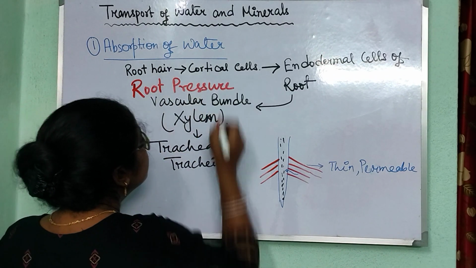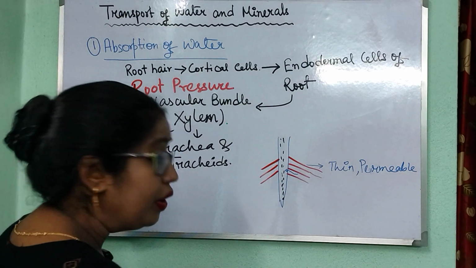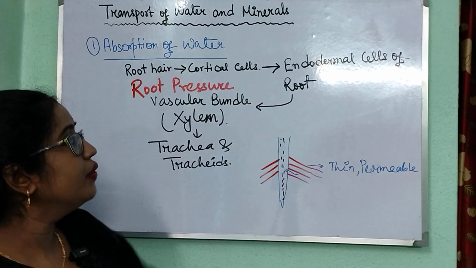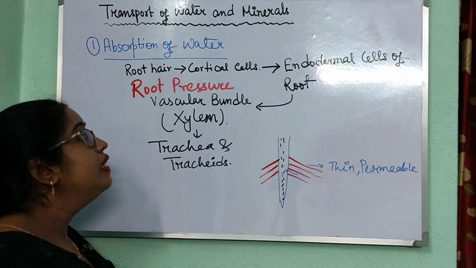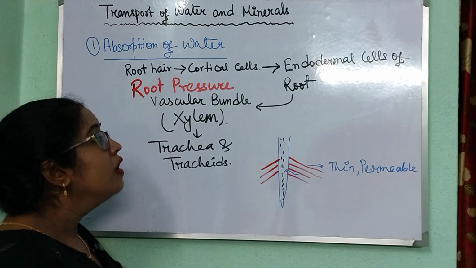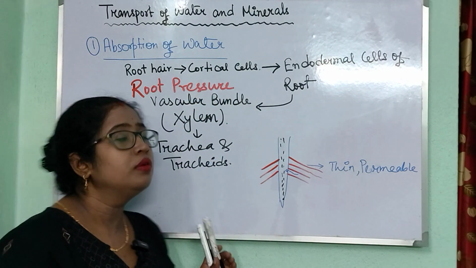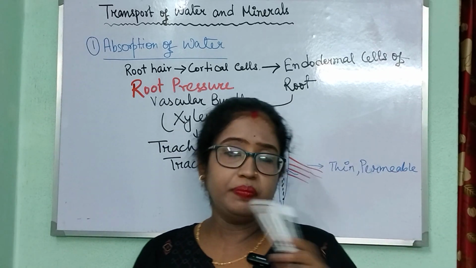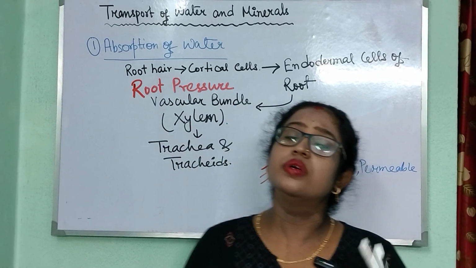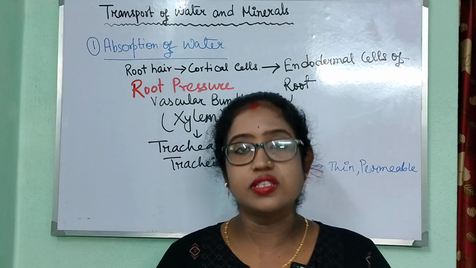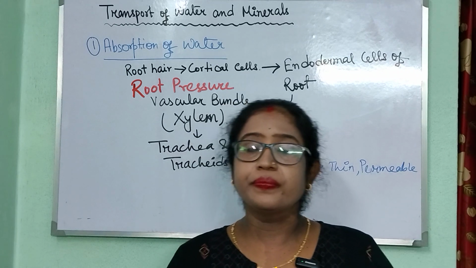Means the pressure that forces the water to rush into the endodermal cells is known as the root pressure. Water moves in the upward direction because of this root pressure, or the pressure created by the osmotic concentration gradient.